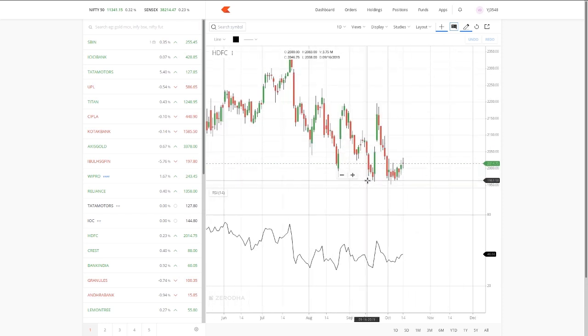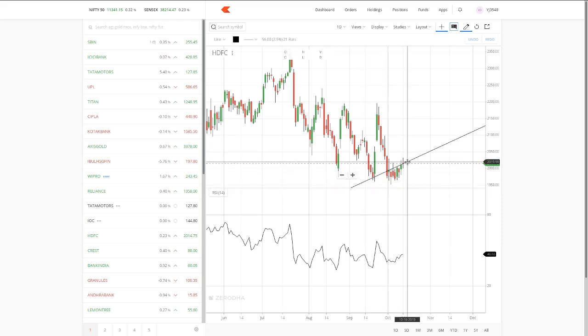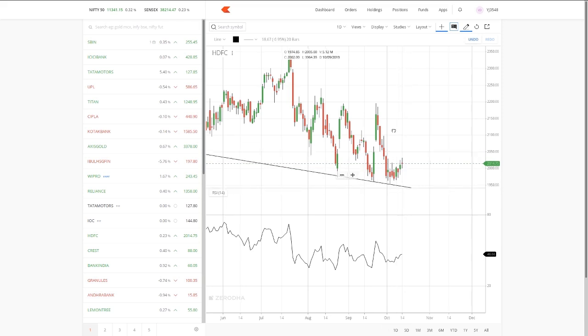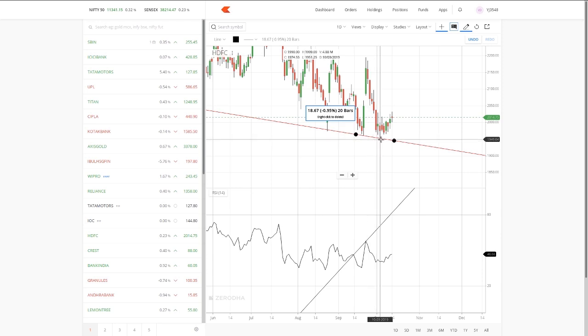The previous 10 days low and the new 10 days low is in this direction. Whereas the indicator RSI is showing an indication in this direction. So this clearly shows that a bullish divergence is happening.